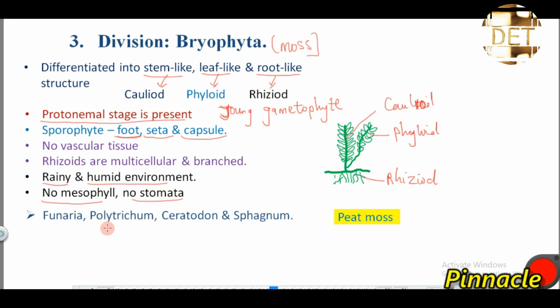Examples of the bryophytes are Funaria, Polytrichum, Ceratodon, and Sphagnum. You must remember these four examples. Very important. Sphagnum is also known as peat moss.